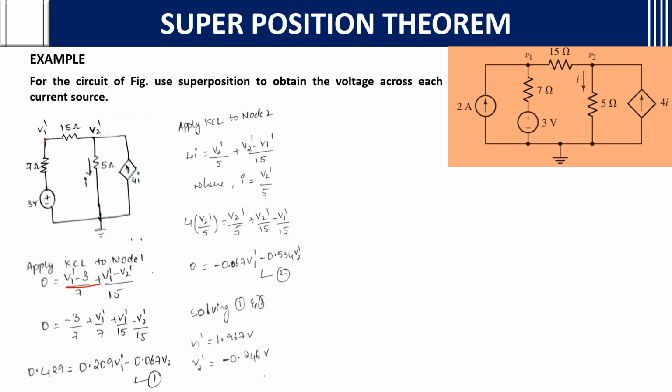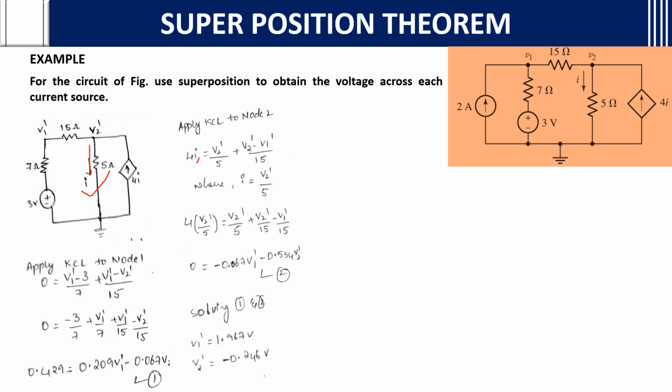Then apply KCL to node 2. There is a current going inside, the incoming current 4I, and the outgoing currents. Take V2 dash by 5 plus V2 dash minus V1 dash by 15, with respect to V2. We don't know the I value, so we want to find it.